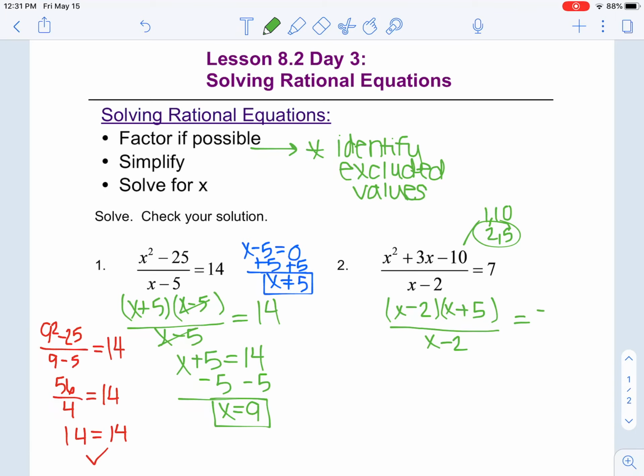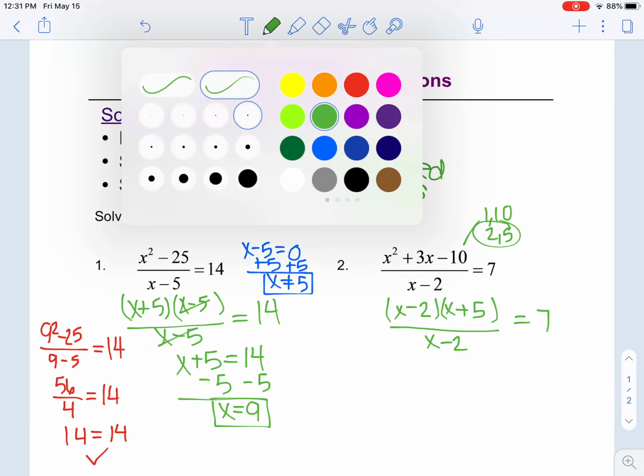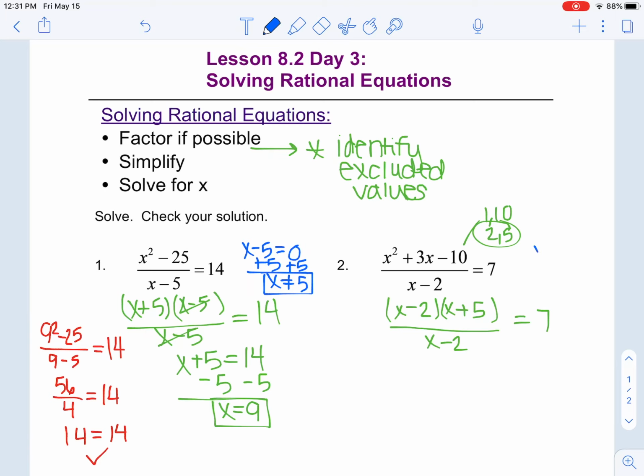In the denominator, we have x minus 2, and that fraction is equal to 7. So again, make sure you stop here to identify your excluded values. We're just taking the denominator and setting that equal to 0. So we add 2 to both sides, and that tells us that x cannot equal positive 2.